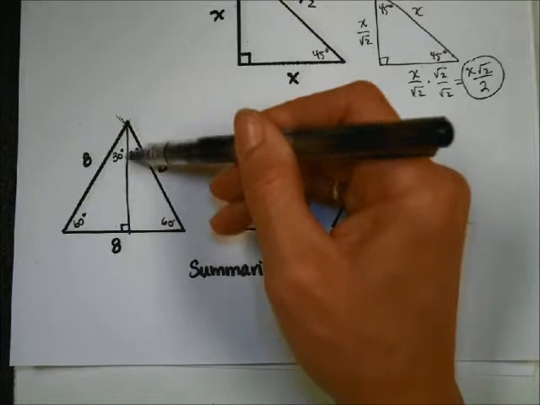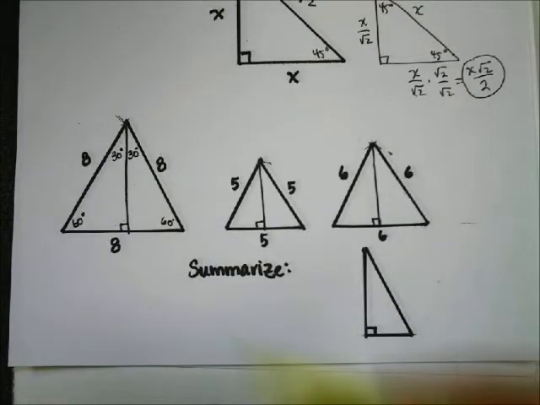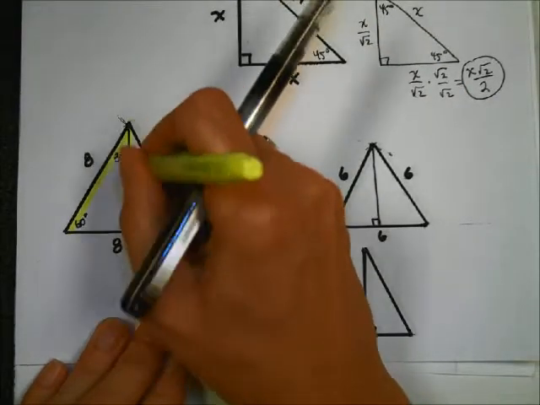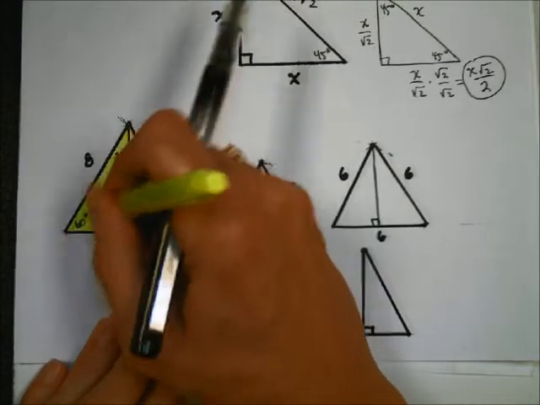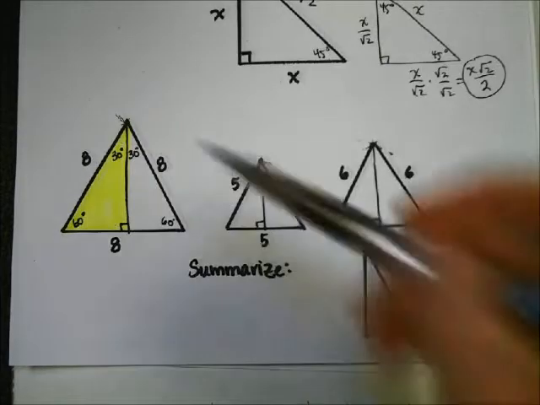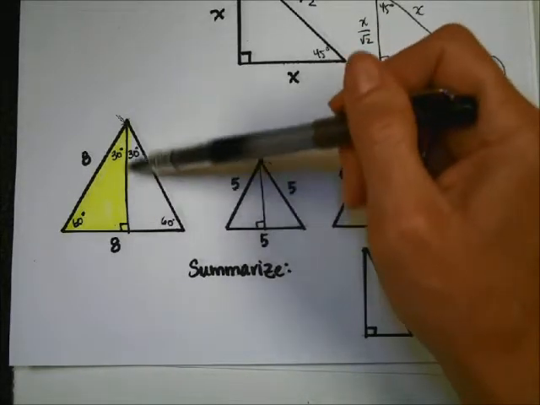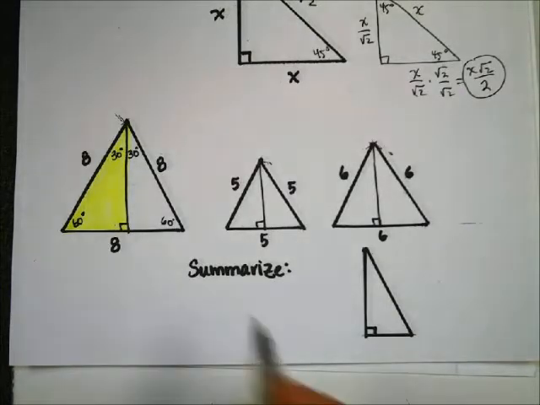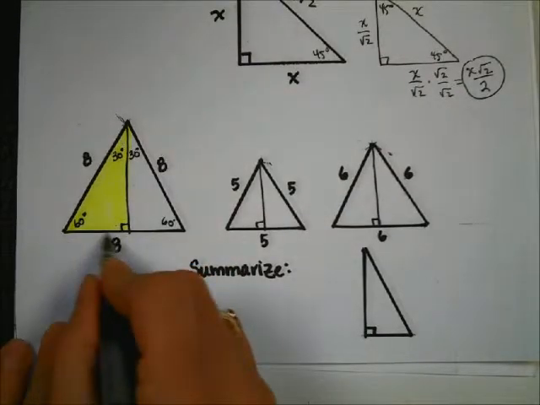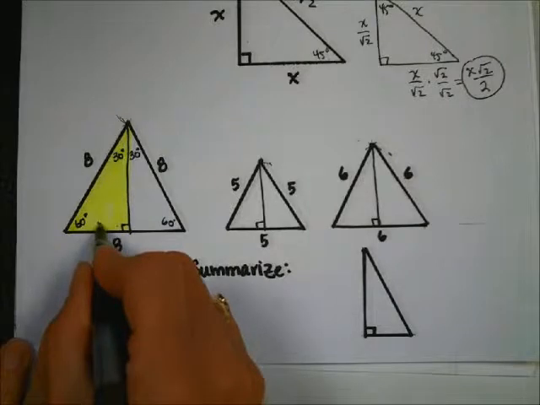So we can look at just this triangle right here and consider it, since it's a right triangle, we can use the Pythagorean theorem to figure out how long this side is right here. And so the way that looks is, since this whole side is 8 here, we know this side is 4.